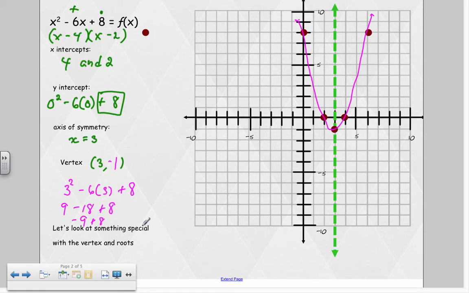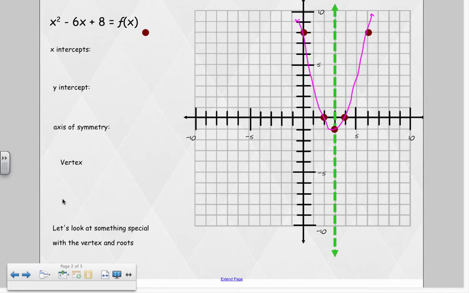All right, that was all well and good, but let's look at it as completing the square. So I'm going to clean all this up. And I'm just going to realign here. And I'm going to do this by completing the square.